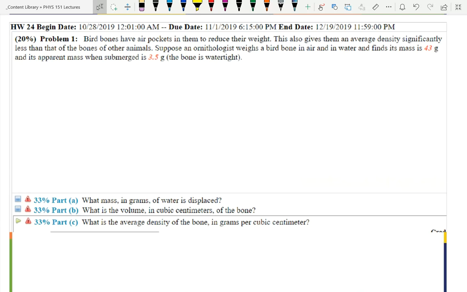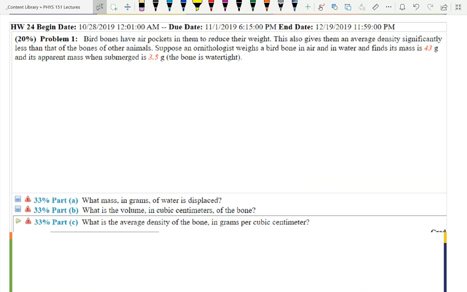So the first thing you have to ask yourself when you're approaching any problem is what's the concept involved here? What concept would relate those measurements, the mass of the bone and the apparent mass when it's submerged? Okay, we're dealing with buoyant force here.